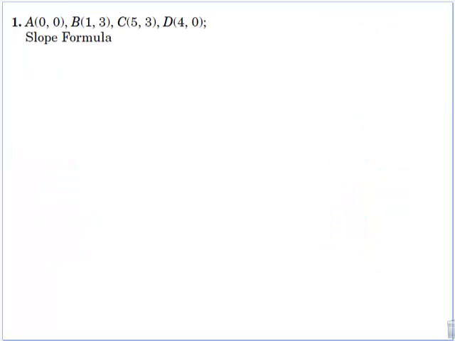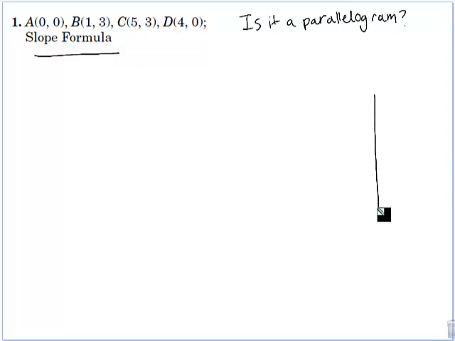All right, now we want to decide whether or not this is a parallelogram, and we are going to use the slope formula. We have to find the slope of the opposite sides and see if they are parallel, so see if they are the same. Our A is at 0, 0.